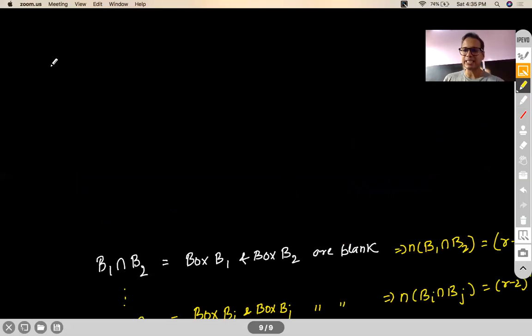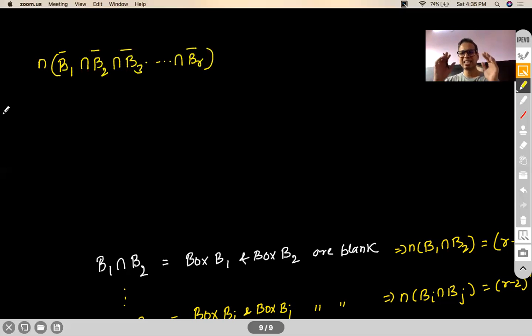What do I need? I need, in how many ways can I put these distinct objects into these r boxes such that no box is blank? That is what I need. That means I need the number of ways in which box 1 is not blank, and box 2 is not blank, and box 3 is not blank, till box r is not blank.